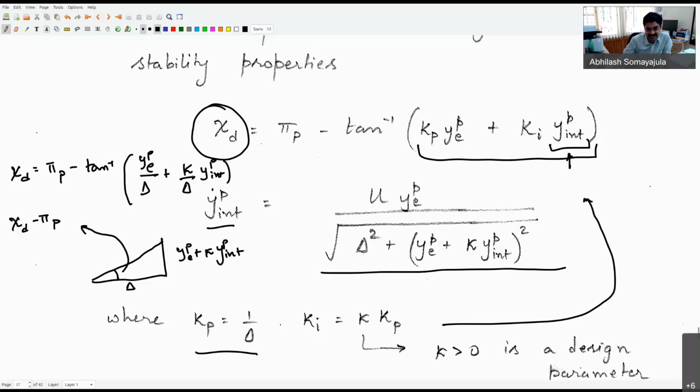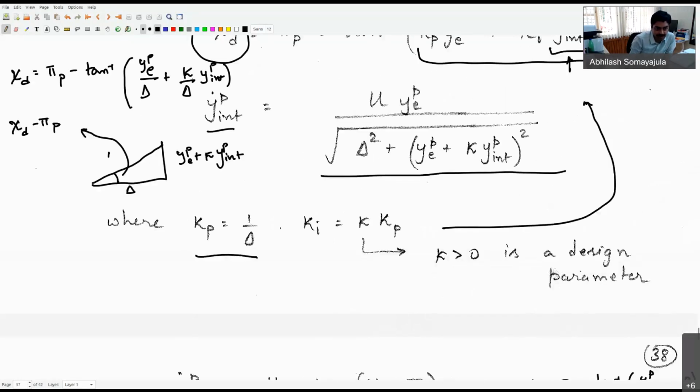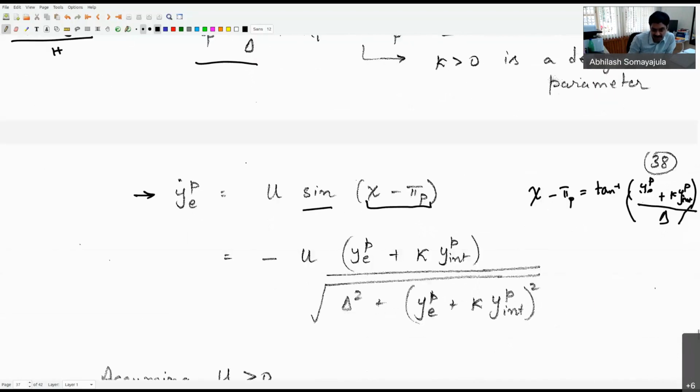So now I want to take a sine of that same angle. So what will it be? I have to compute the hypotenuse h, and that will be ype plus k times yp int divided by that hypotenuse. That will be the value of sine, correct? And that hypotenuse is nothing but the square of this plus the square of this, square root of that. That's what I have here: square of delta, square of this, square root of that. Everybody with me? Yes, sir.